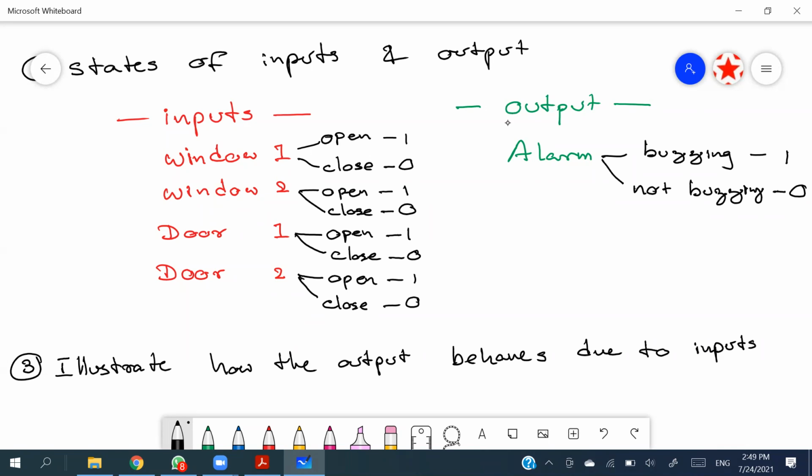Yes, like according to the scenario, how is this alarm buzzed? Okay, we are getting some suggestions. Dinelka asks, when input is 1, should all the inputs be 1, or any one of those? Ravindu says alarm is on. Yes, alarm is on.